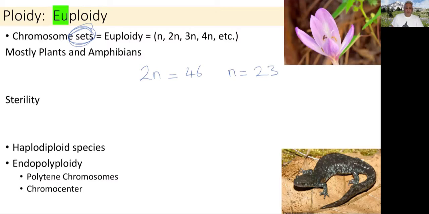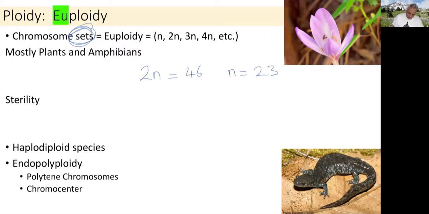For amphibians, we find that they can have large deviations from this particular schema. Why? We're not sure. Amphibians are animals, but they're not mammals. So there could be some biochemical disparity between the branches of the tree of life. And we also find that plants with their simpler tissue organization, they can also tolerate changes in chromosome sets.